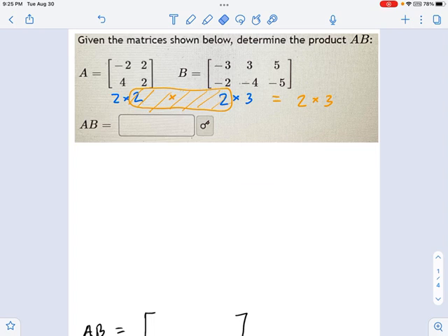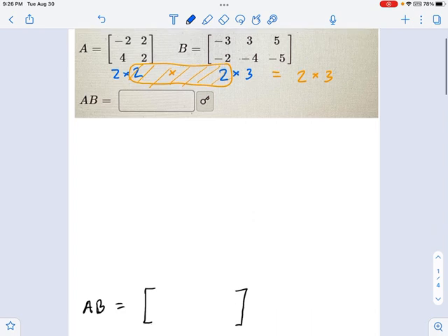Okay, so with that out of the way, let's talk about the pattern of multiplication. I know I'm going to get a 2 by 3 matrix once I multiply A and B together. The way that pattern works is sometimes a little tough to follow at first, but you'll get the hang of it quickly. I'm going to take the top row and multiply it against the left column. That's going to give me the top left entry of my product. So the way this works is -2 times -3.